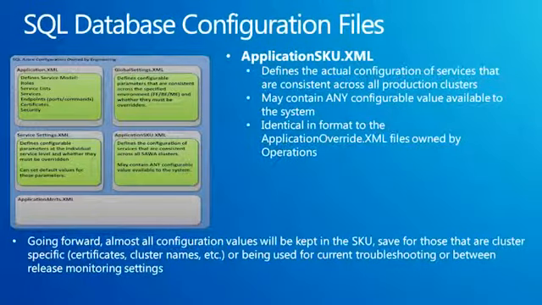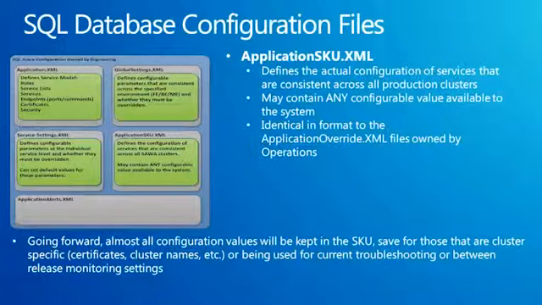The application SKU.xml will define the actual configuration of services that are consistent across all production clusters. They may contain any configurable value available to the system. This includes values that were present in Global Settings, Service Settings, or Application.xml, and they are identical in format to each one of these other files.